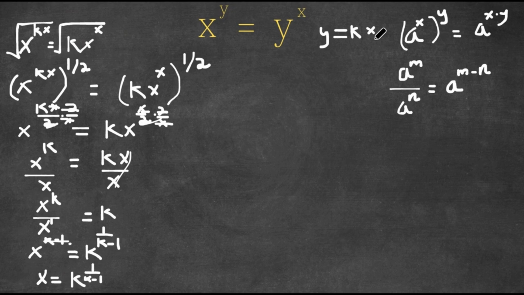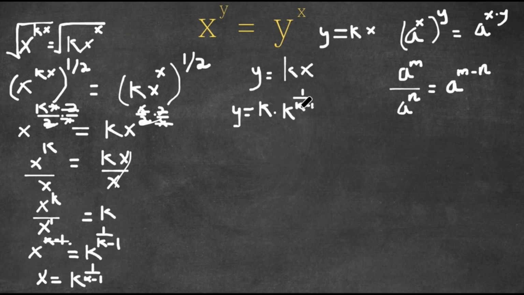So this would mean that y would equal k times x, and we already know our value of x, which is k to the power of 1 over k minus 1.